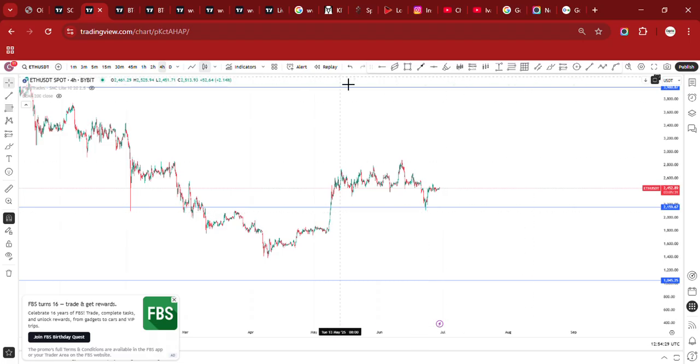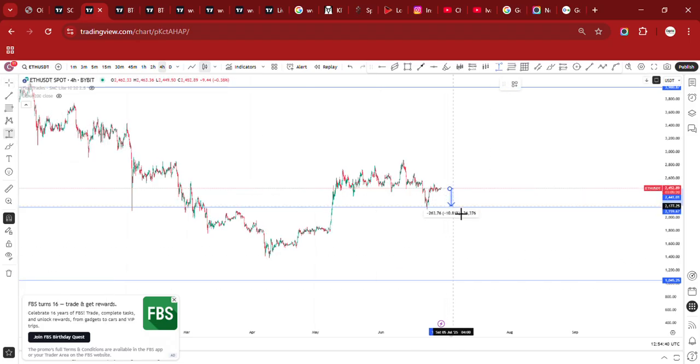And if you want to calculate the risk, you can just come in here and select price range, tag it from the current price and move it downward to this level. This is 11. If you are trading crypto, on a crypto exchange, this 11 means 11 points. We are seeing 11.43%.